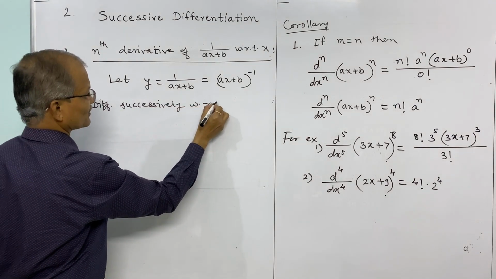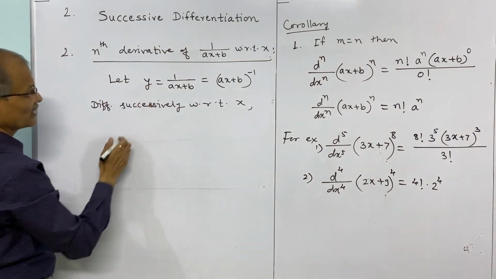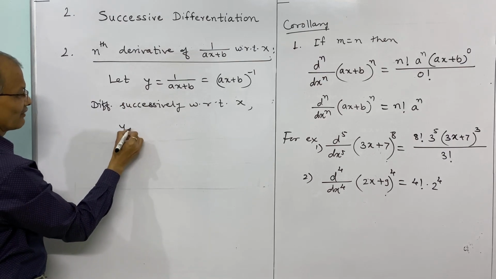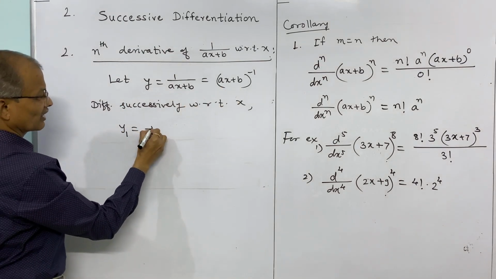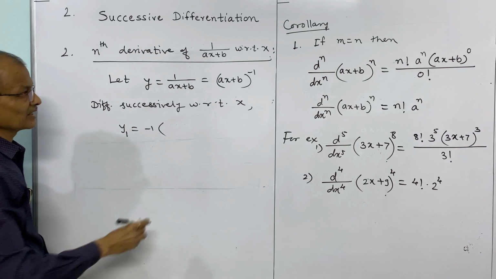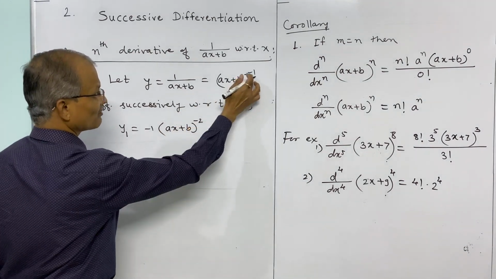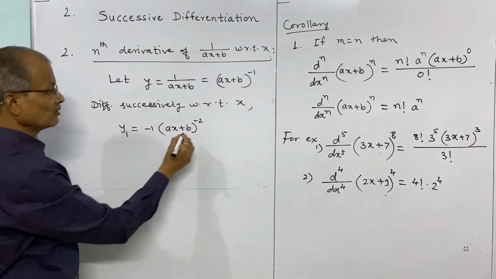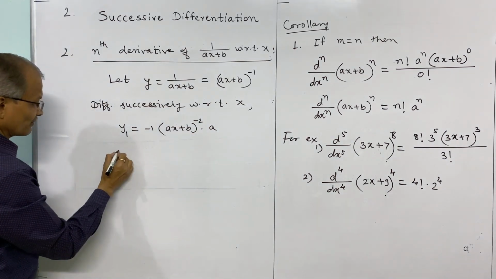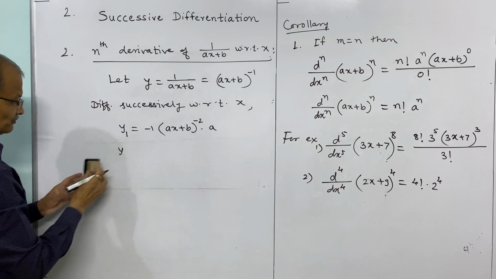with respect to x. What we shall get is the first derivative y1, and the derivative of this, using the power function formula, is minus 1 into (ax+b)^(-1-1), that is minus 2, into a. So this is y1. What will be y2?